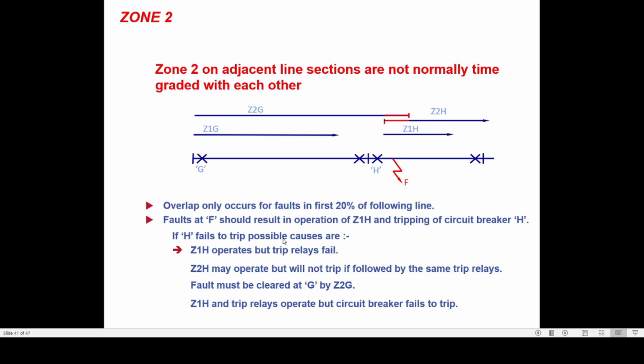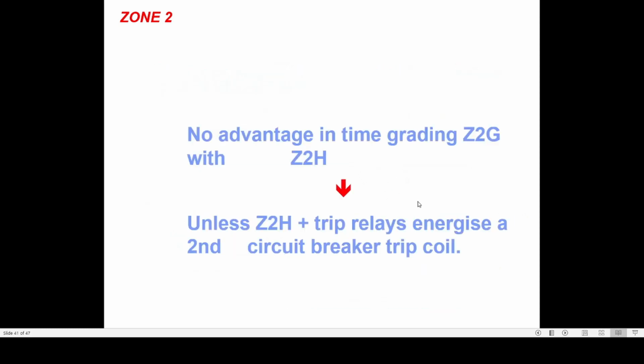So this is one condition. Second condition, it might happen that the relay at H operates correctly, the trip relay also operated, but the circuit breaker fails to trip. The relay at H operated, the trip relay is correct, but the circuit breaker fails to operate.